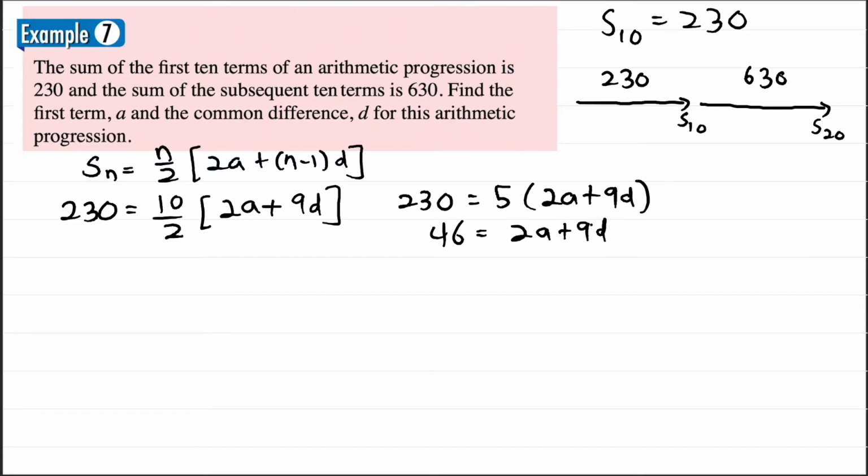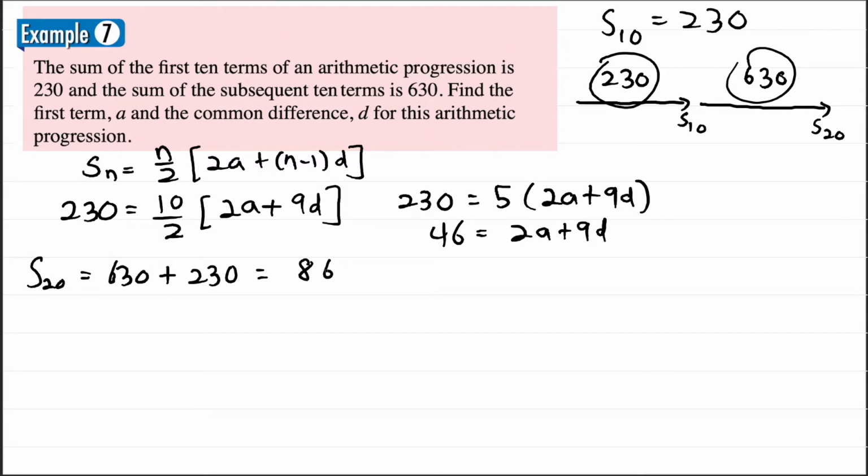Okay. Now. So S20 adalah apa? S20 kat situ adalah bila mana kita tambah 2 ni. 630 tambah 230 which is 860 kan. So kita masukkan dalam formula S20 pula. So 860 sama juga dengan 20 bahagi 2, 2A tambah 19D sebab N minus 1.